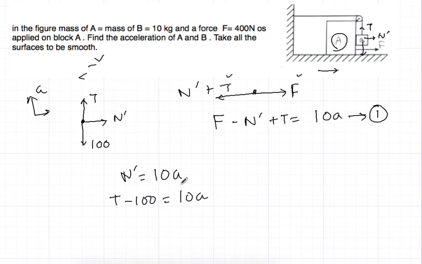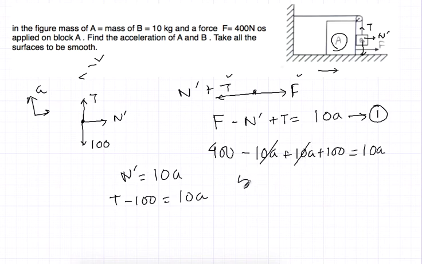Let us replace these two over here. So F, which is 400 Newton, minus N dash, which is minus 10a, plus T, which is 10a plus 100, equal to 10a. Obviously the 10a terms will cancel out.